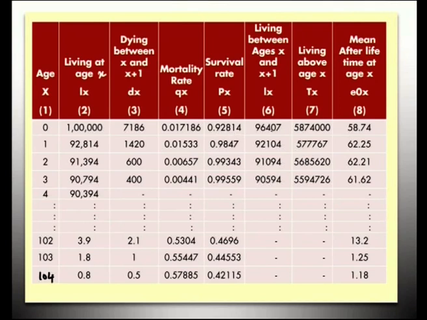Living between ages x and x plus 1, out of them 1,96,407 have been living, and after the age of x, people living are found to be 5874000. The mean after-lifetime at age x is 58.74. So, this information was extracted from the census of India.